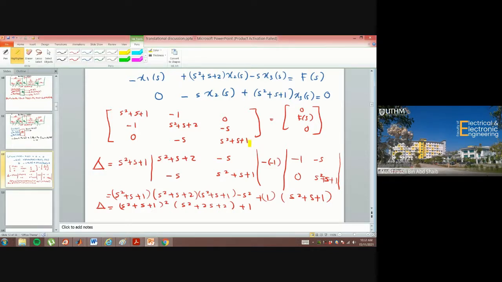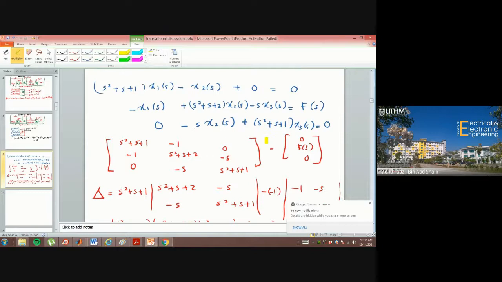Okay, now we need to find x3. In order to solve this problem, we need to know Cramer's rule.